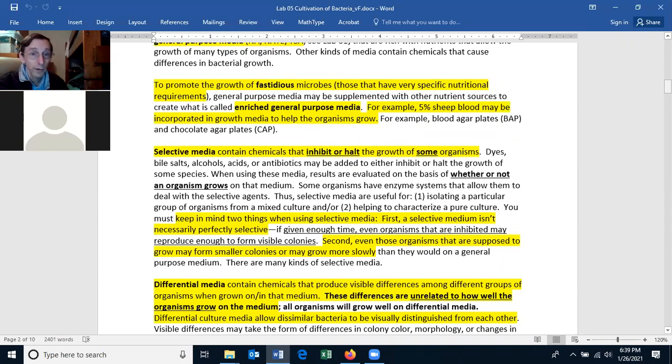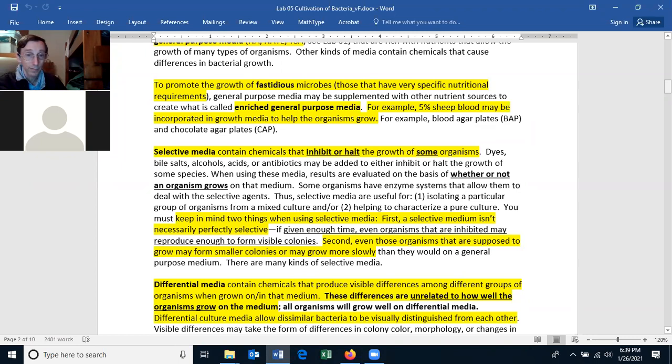To promote the growth of fastidious microbes, those that have very specific nutritional requirements, we use enriched general purpose media. An example would be 5% sheep's blood incorporated into the growth medium to help organisms grow. And an example of that would be blood agar plates, or BAP. That's enriched general purpose media.